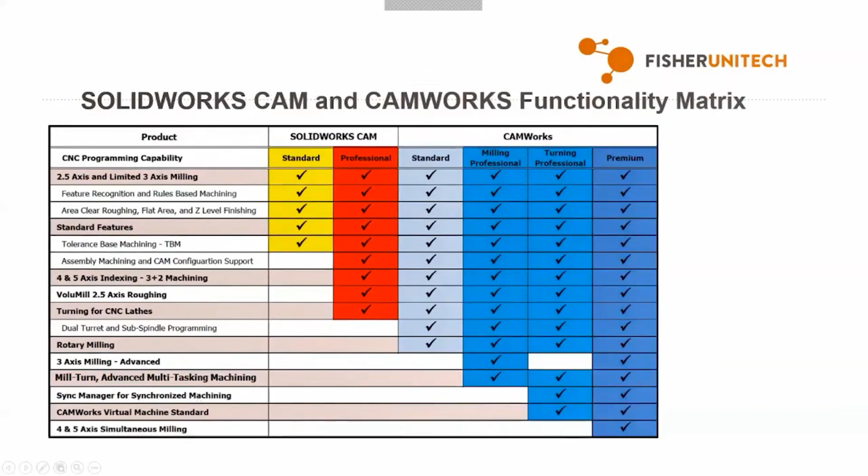And then there's Premium, which is the highest offering within CAMWorks, and that has everything that CAMWorks has to offer, including the 5-axis simultaneous milling. Beyond, so outside of what you see in this matrix, there is an EDM module, a wire EDM. So you can use EDM with CAMWorks.